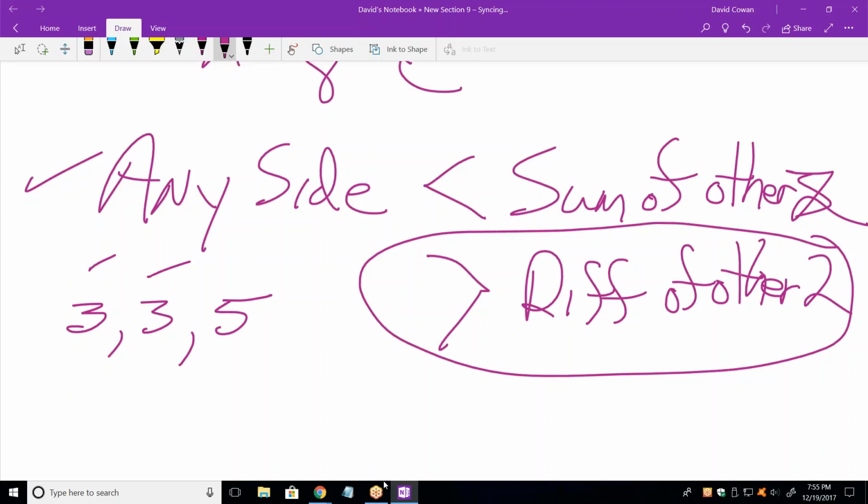Does this side? Yes. Does this side? Yes. It's got to be greater than the difference. It's less than 6, so it's less than the sum, and it's greater than 0. So that's a legitimate triangle. I can draw that triangle.